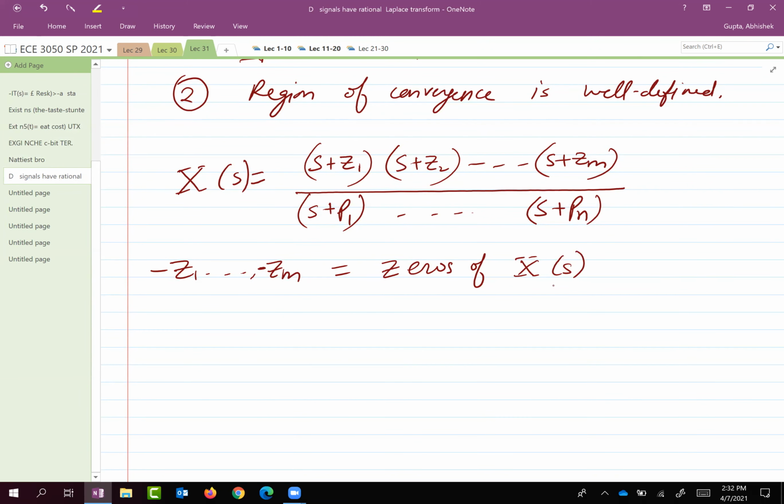So the roots of the numerator polynomial are called zeros of the Laplace transform X of s, and minus p1 to minus pn, these are called poles of X of s. So the roots of the denominator polynomial are called poles of the Laplace transform.